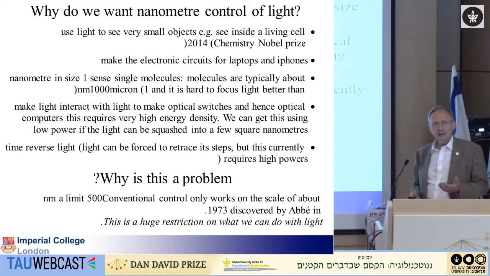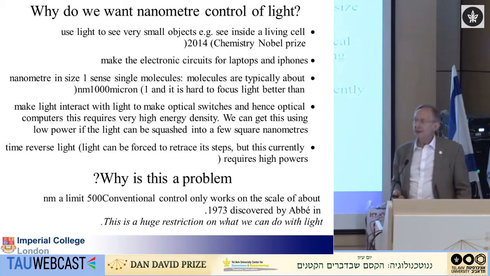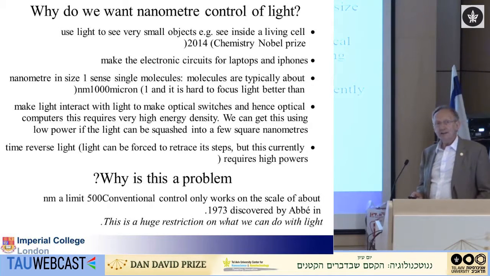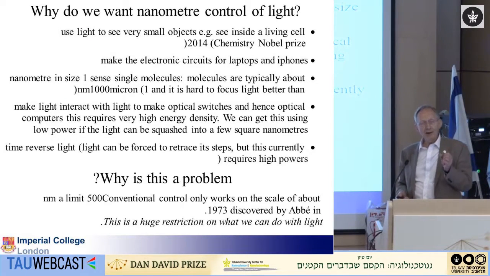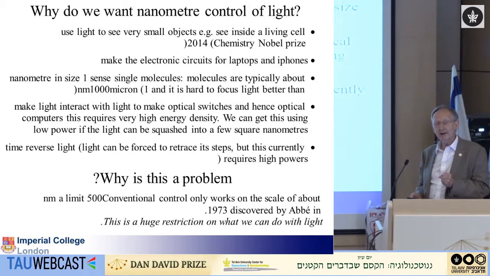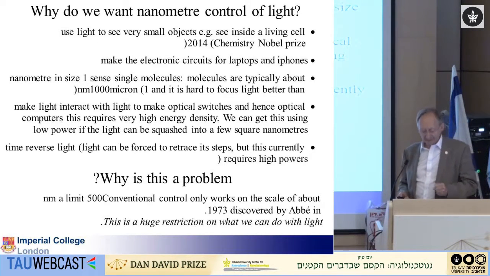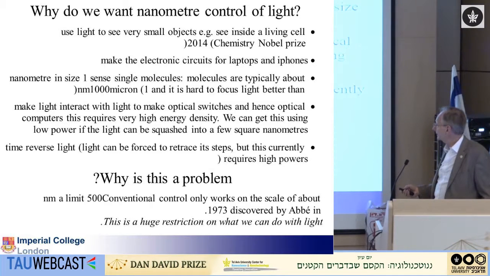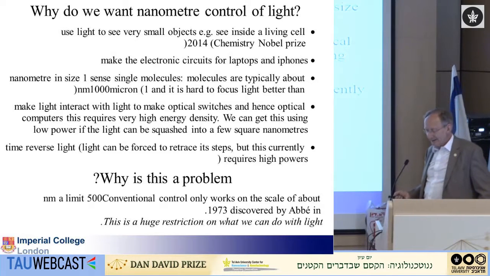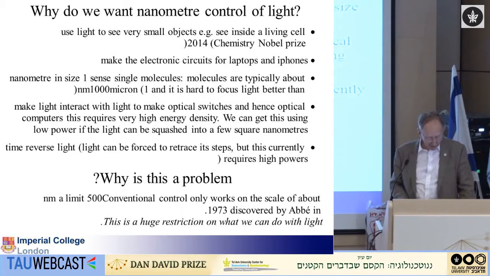And to make it talk to light, you need very, very high densities of photons. At the moment, that implies very high powers. But if you could take the same power and pass it through a much smaller area, you could get the same density of photons and still see the nonlinear effects, but at much lower power densities. Power, energy density are different things, of course. And then you can do tricks like switch light, but also these lovely things like time reversing light, which is, I'm just waiting for that to happen big time on the nanoscale.